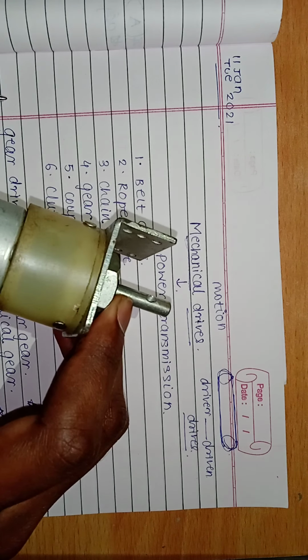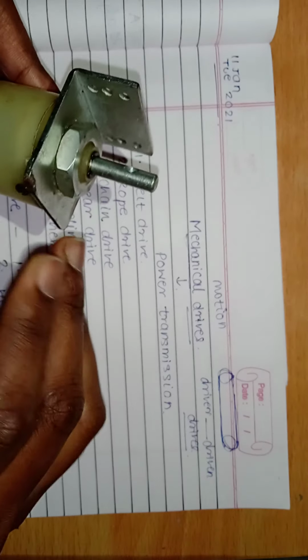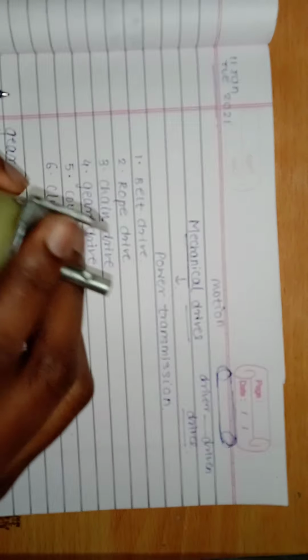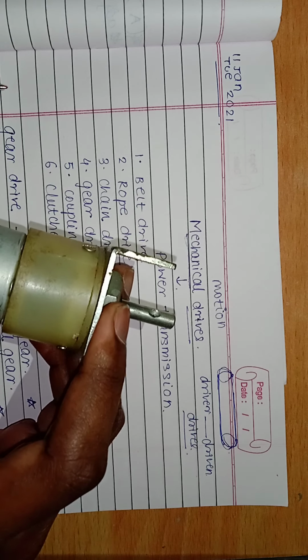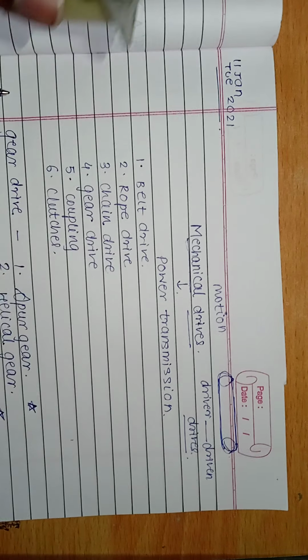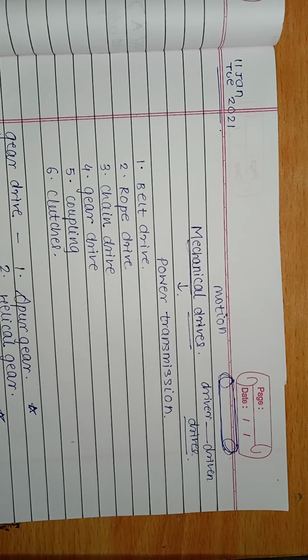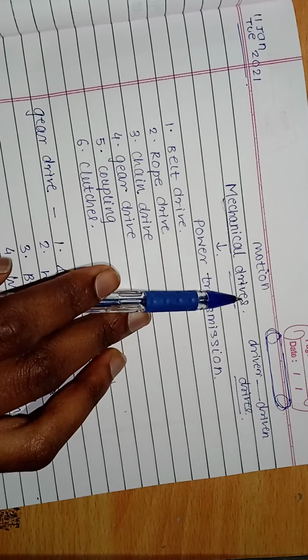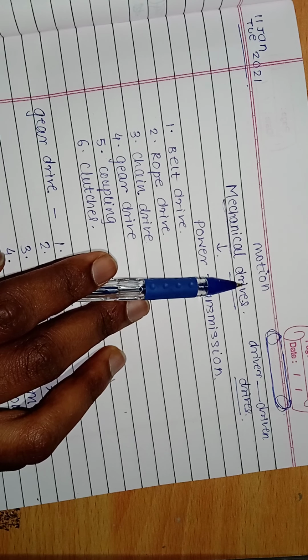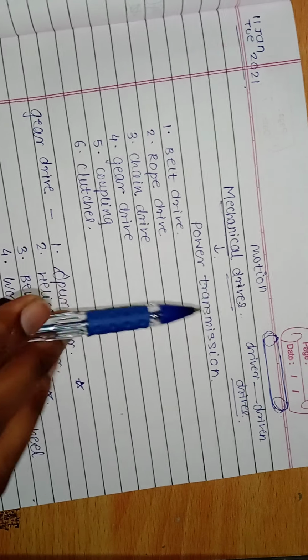It takes in electrical energy and converts it to rotational energy, which is transmitted to the machine through belts, pulleys, chains and gears. So a source of power is always needed in various workshop processes.